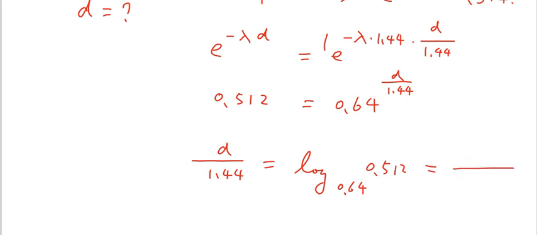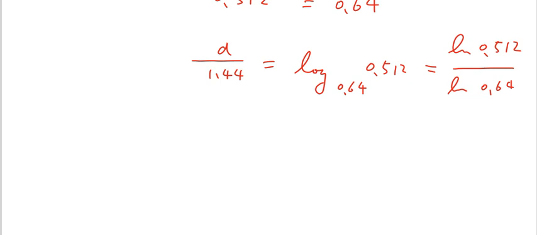Let's say it's equal to ln of 0.512 over ln of 0.64. So we use the calculator to find this number, then we can find this D. So D equals just 1.44 multiplied by this number.